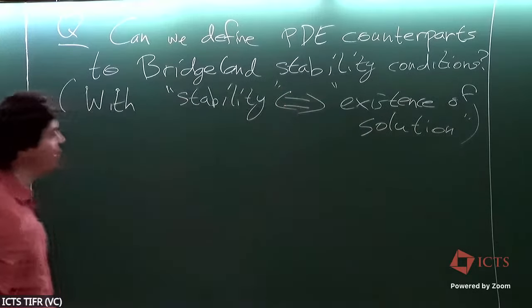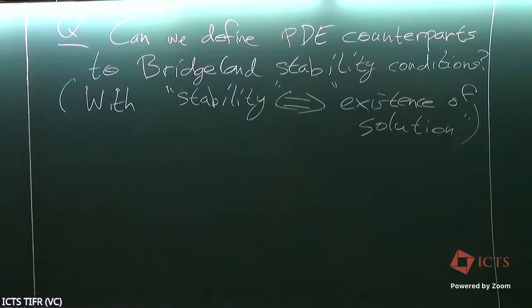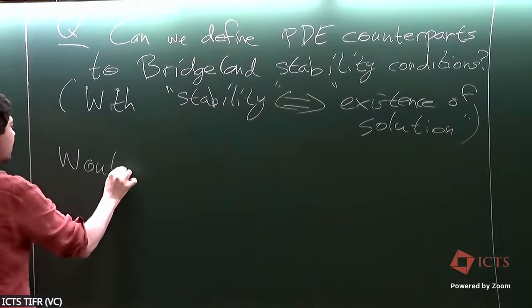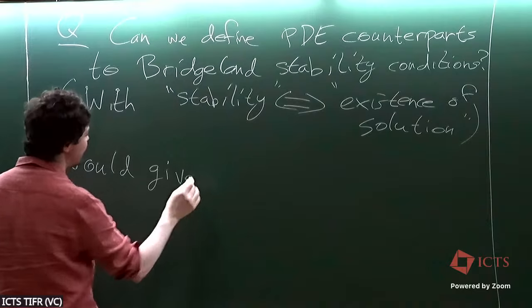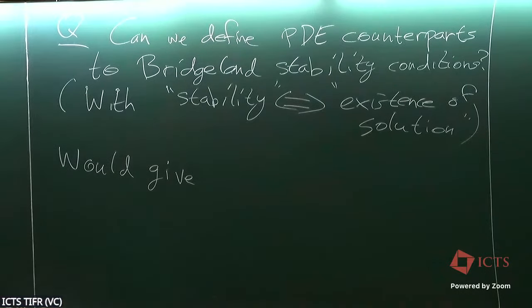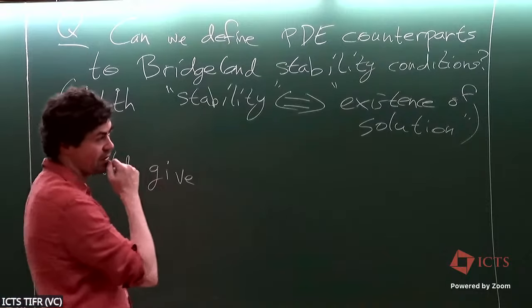Okay, so I'll say right from the start that this is probably too ambitious for 2026, but just in terms of motivation, as with all of the motivation, this would, for example, give an analytic structure to the moduli spaces that are of interest in algebraic geometry, these moduli of Bridgeland stable objects.